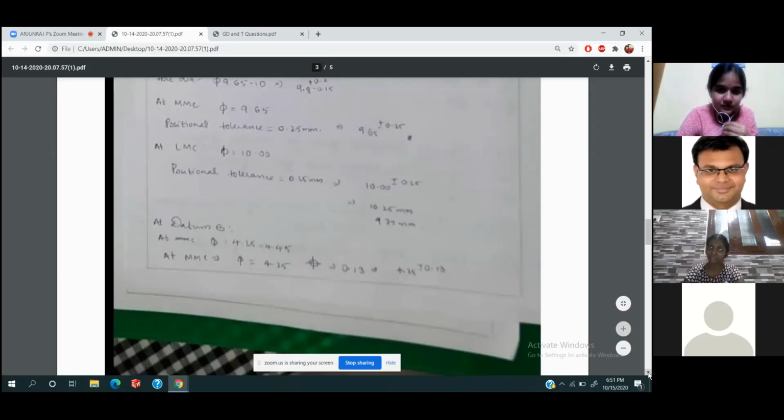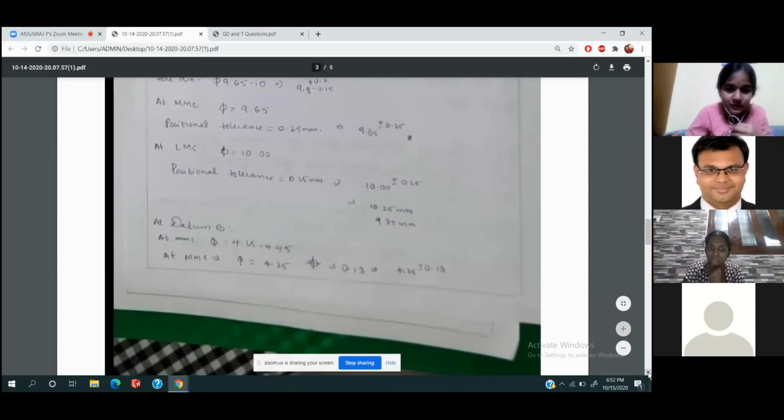If I have the value as 10 instead of 9.65, listen to this carefully: there is an increase of 0.35. When I have the value of 10 diameter, what will be the position tolerance at LMC?